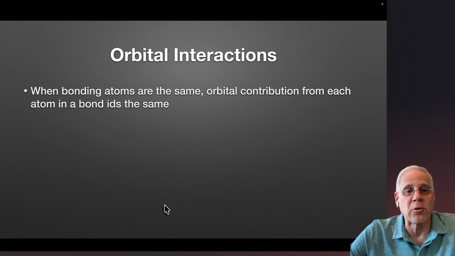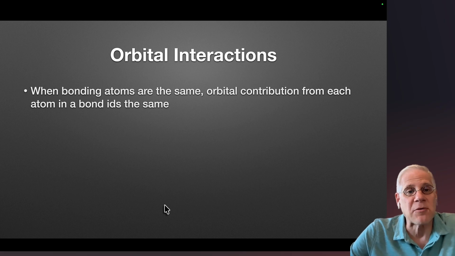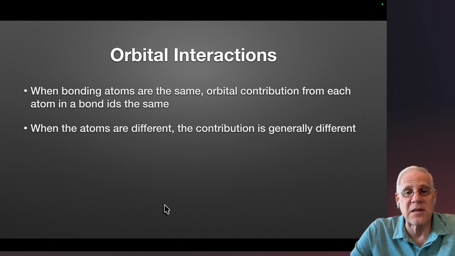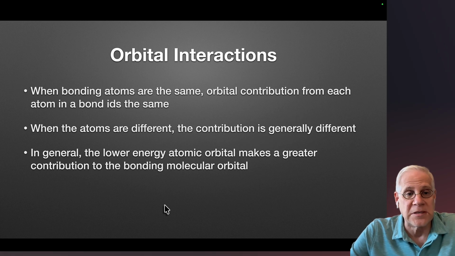Let's take a look at the orbital interactions. When bonding atoms are the same, in a homonuclear diatomic, the orbital contribution from each atom in a bond is the same. Sorry for the typo there. When the atoms are different, the contributions to a molecular orbital are generally different.